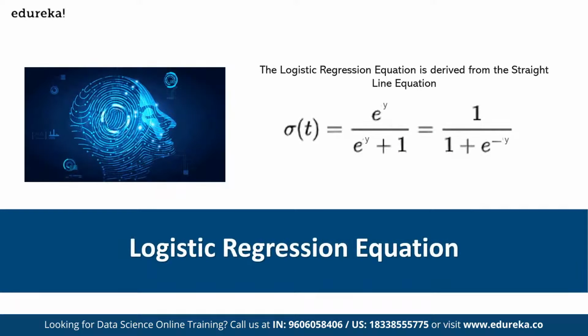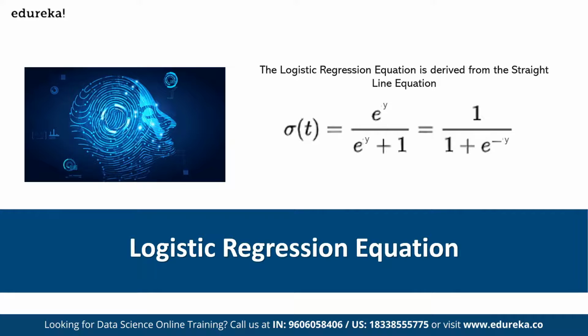And here, as I was saying, this is the hypothesis, not the cost function. This is the hypothesis for logistic regression, and its derivation can also be done very easily. The sigmoid function is basically the hypothesis.